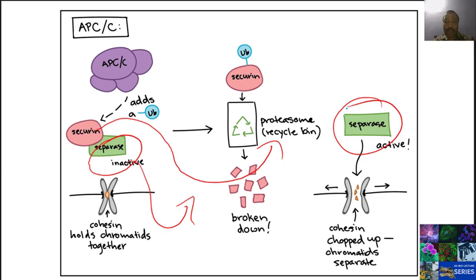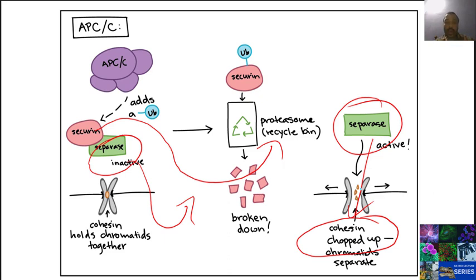What is its job? Separase chops up the cohesin that holds the sister chromatids together at the centromere region.